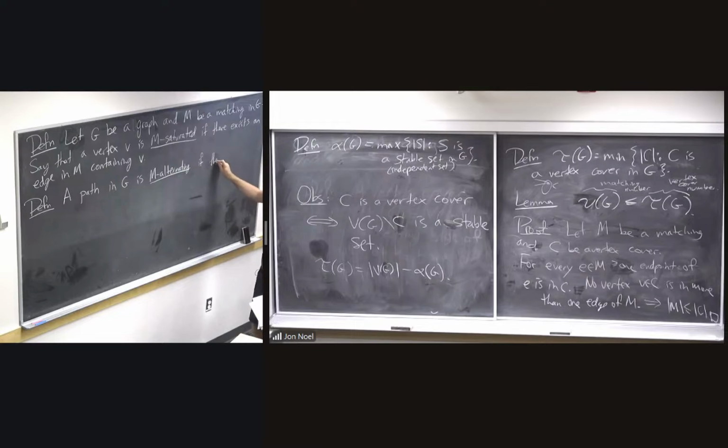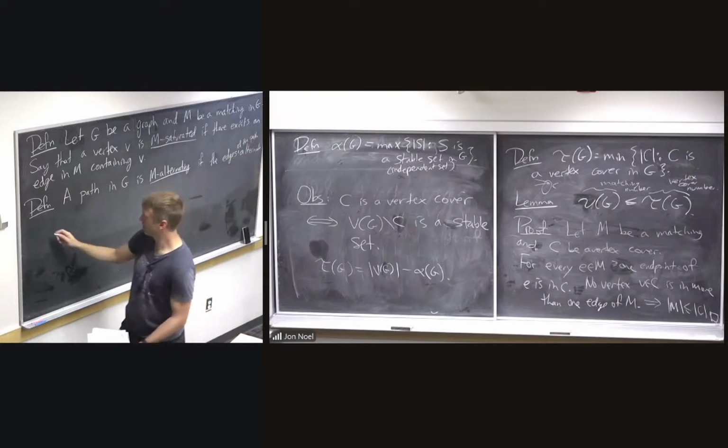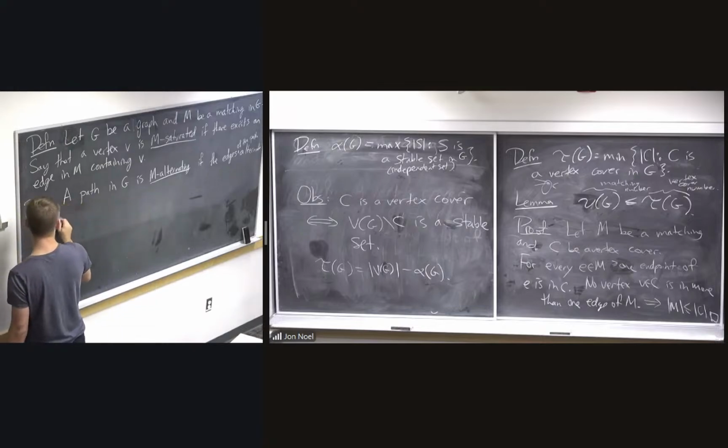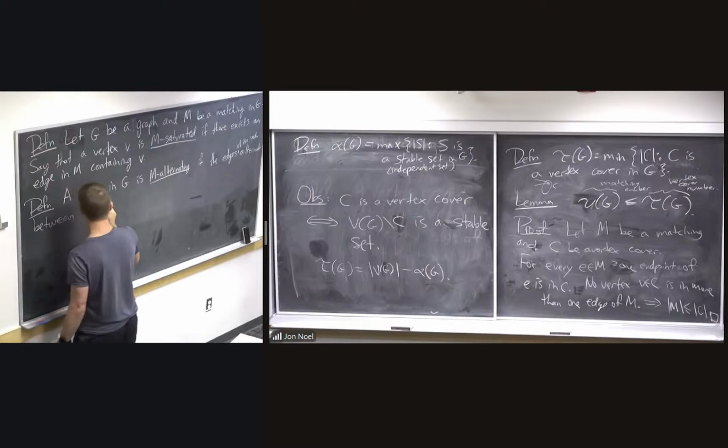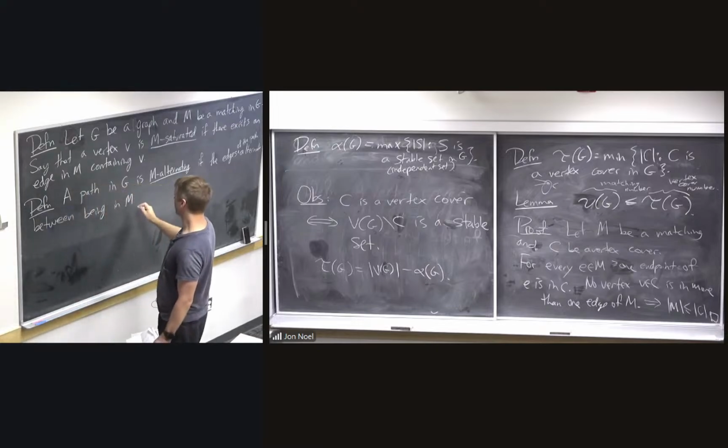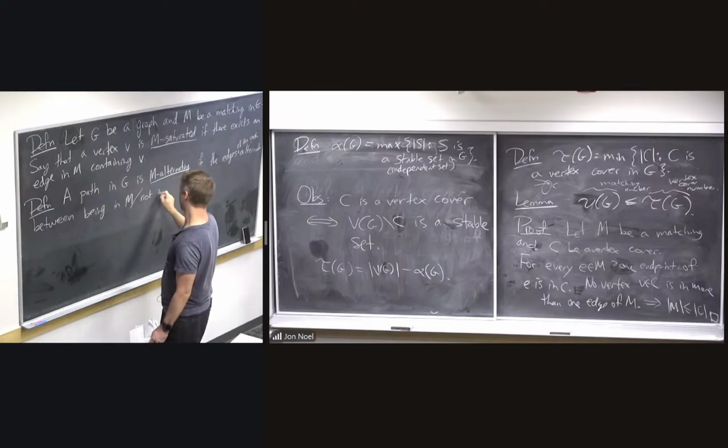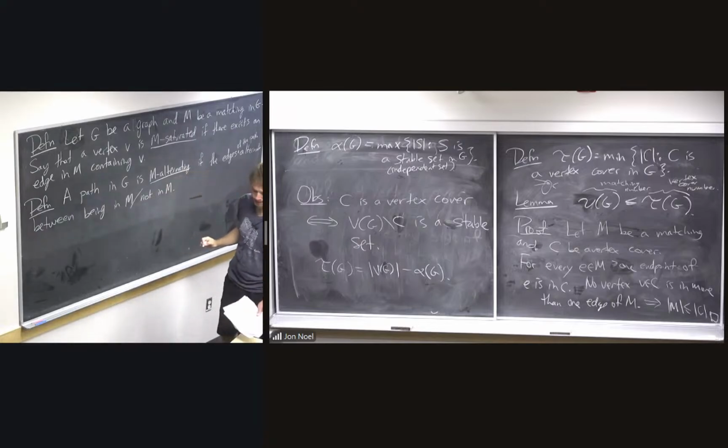So the edges of the path alternate between being in M or not in M. Okay, and it doesn't matter which one comes first. It could be M, not M, M, not M, or it could be not M, M. It just has to alternate.